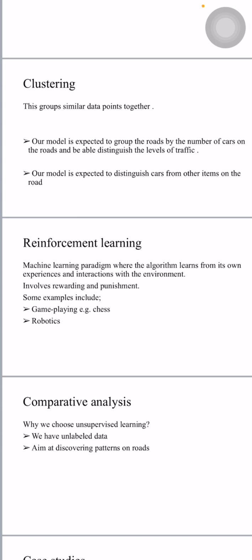For every right move or right prediction it makes, it gets a reward. For every wrong movement it makes, it gets a punishment. Examples we have are game playing and robotics. In game playing we have chess. For chess, let's say a reward may be winning the game, and the punishment may be losing the game for making a mistake.